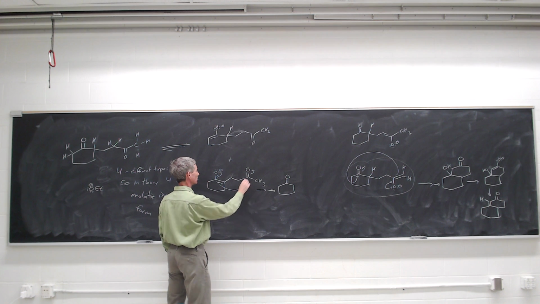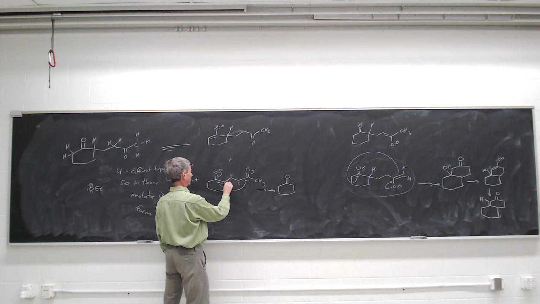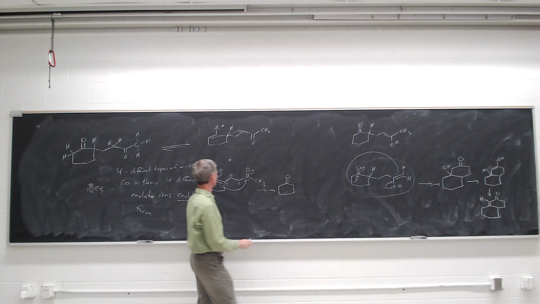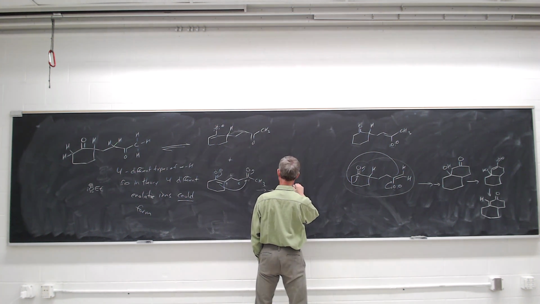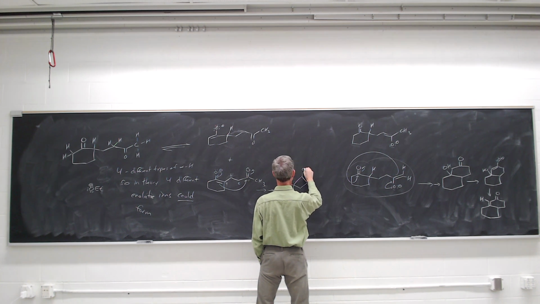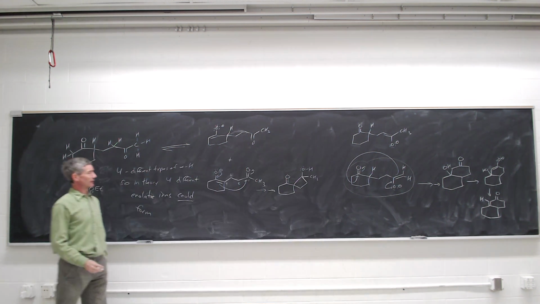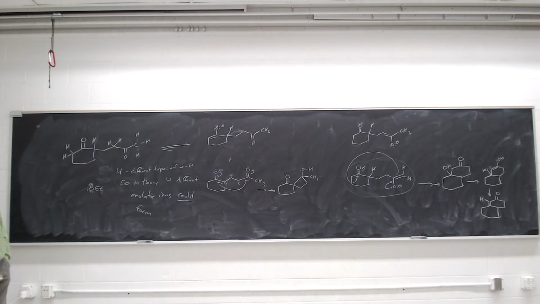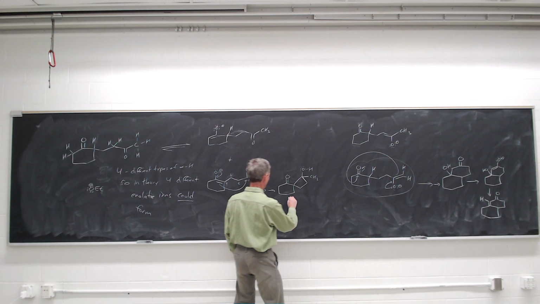Well, the problem is that was over 4-member ring. So it could theoretically form, but the 4-member group is not very stable.